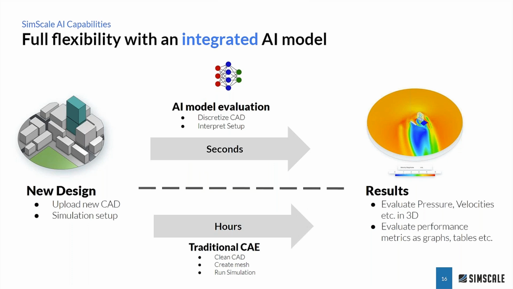And as we have integrated the new AI model solution right next to the traditional CFD, at any point you can choose whether for a new design you would evaluate it quickly with the AI model, where you might have the drawback of not getting the highest possible accuracy, or alternatively still use the traditional method with finite volume or lattice Boltzmann to get the same results, a bit more accurate, and in return it takes a couple of hours instead of a couple of seconds.